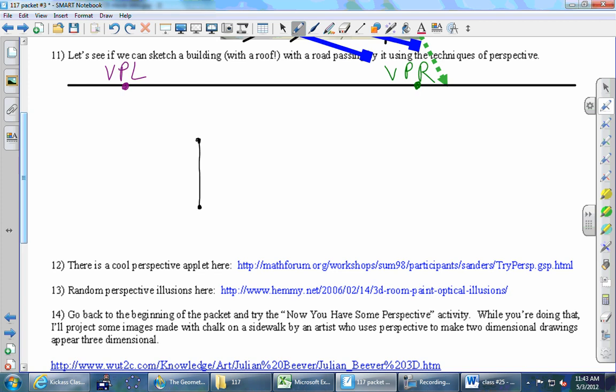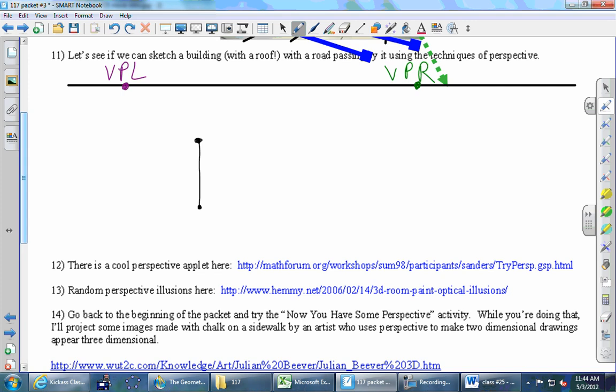Okay, that little vertical line has a top point and a bottom point, 2 endpoints. What you're going to do again with your straight edge is connect those 2 points that are in black on my drawing with each of the vanishing points. So you're about to draw 4 lines.